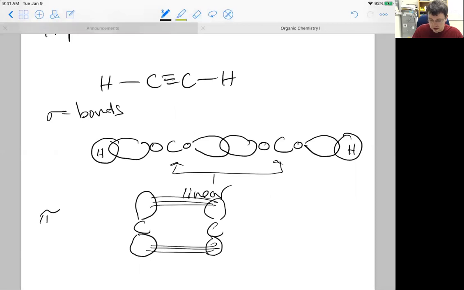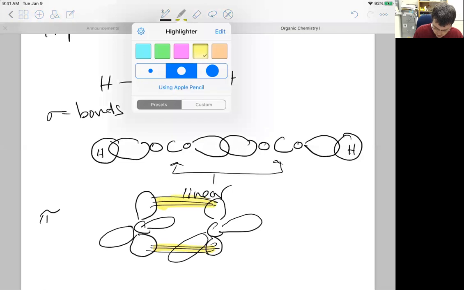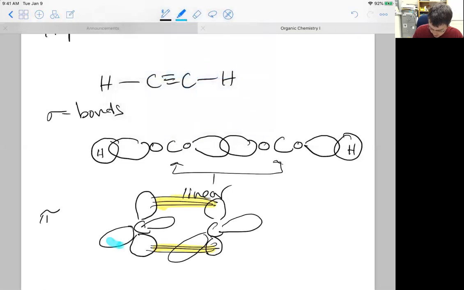So sticking straight up and straight down are going to be the non-hybridized p orbitals that form one of the pi bonds. And so again, the x-axis is our sigma bond, the y-axis is one of the pi bonds, and the z-axis is the other. So maybe I'll have yellow for this first pi bond, and then this color for the second pi bond.